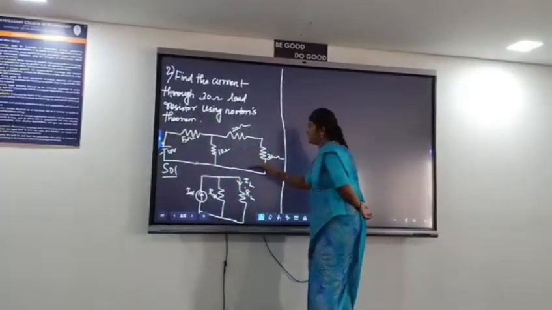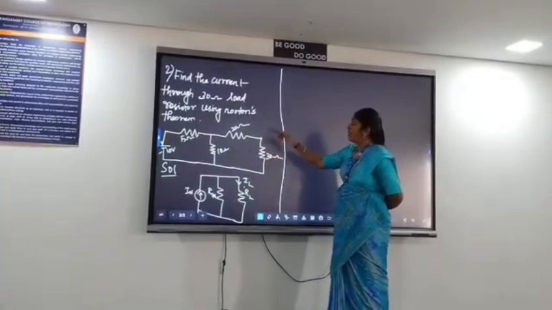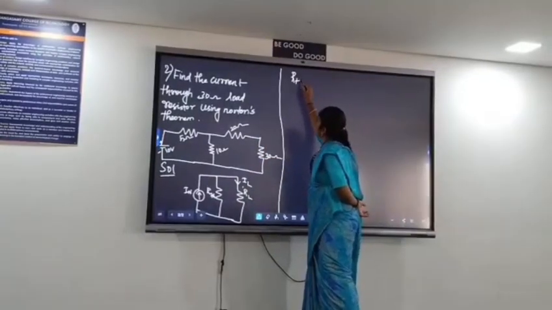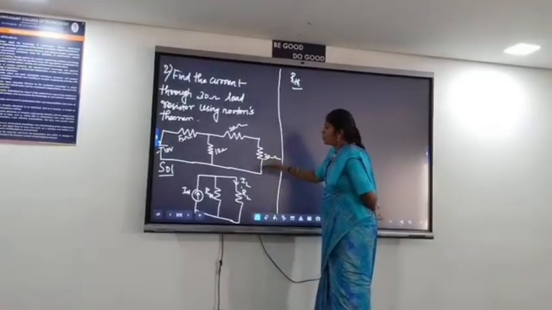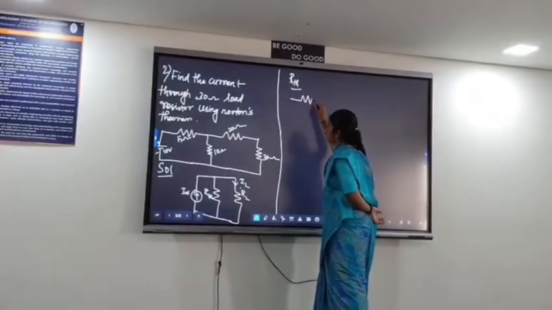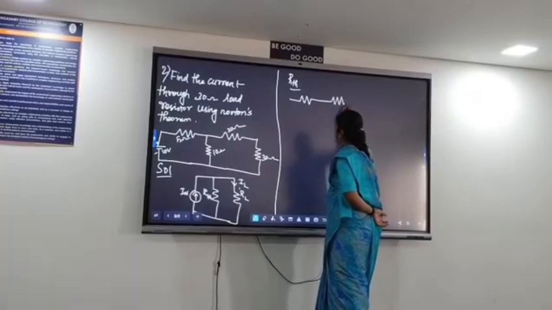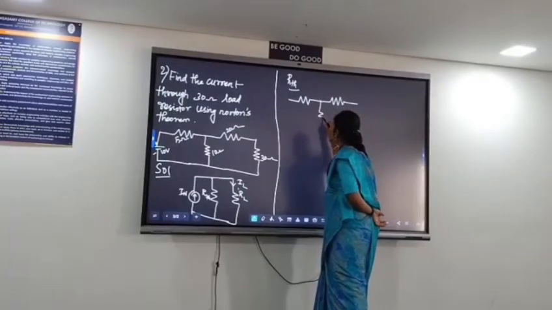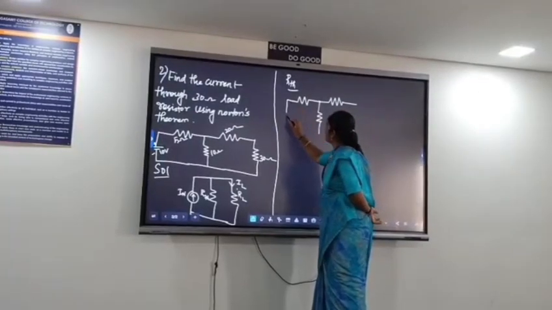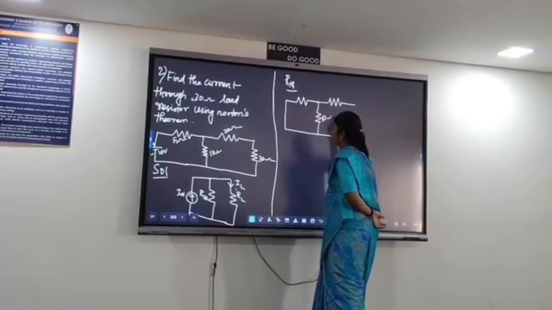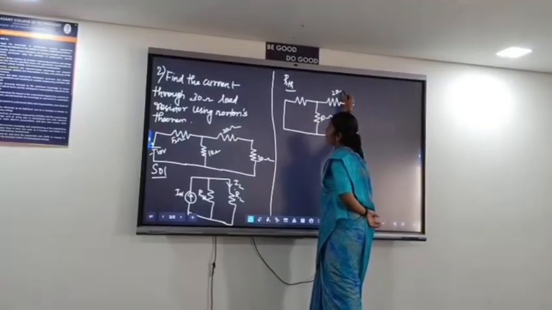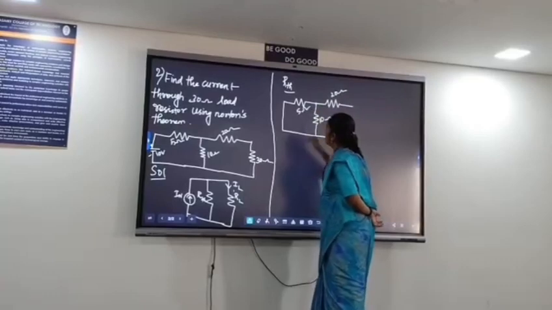As in the previous problem, we first find the value of RTH. Take off all the sources, leaving only the resistors: the 10 ohm, 20 ohm, and 5 ohm resistors.